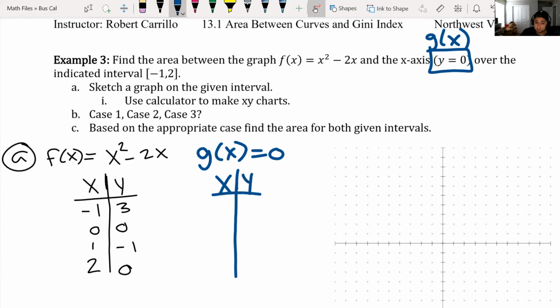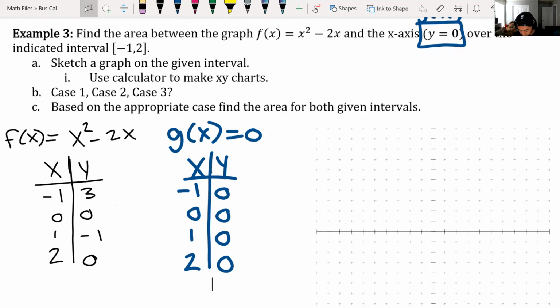Make our XY chart. And -1, 0, 1, 2. And again, no matter what x value I pick, y is always going to be 0, 0, 0, 0. Okay, perfect. Now let's go to the graph, label it appropriately. Our intervals are from -1 to 2, so that's how I will label the x-axis.